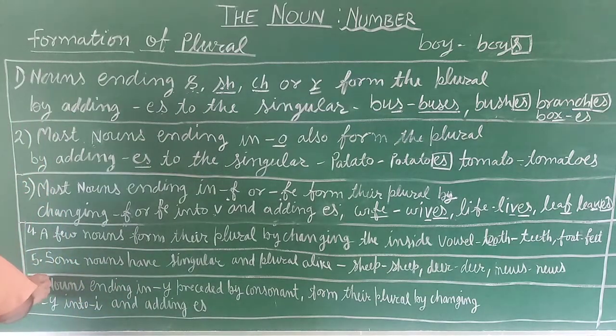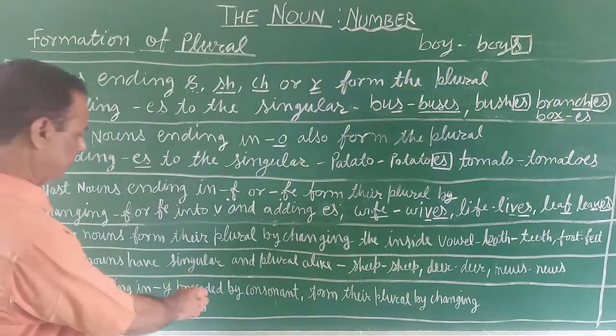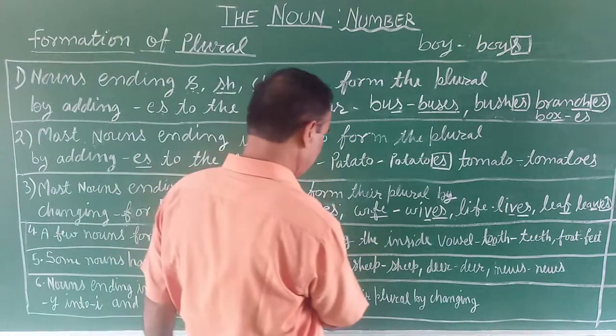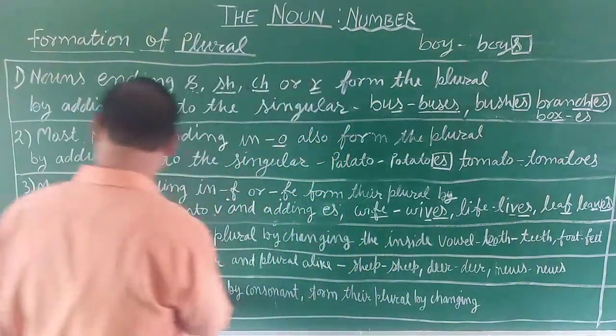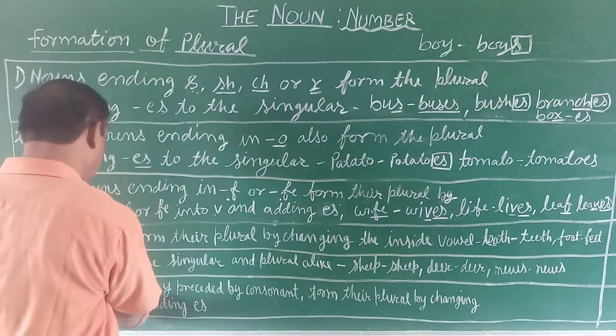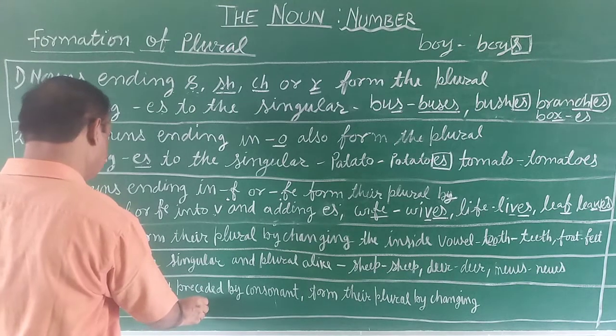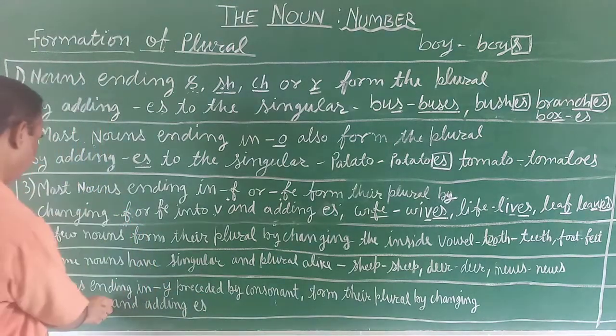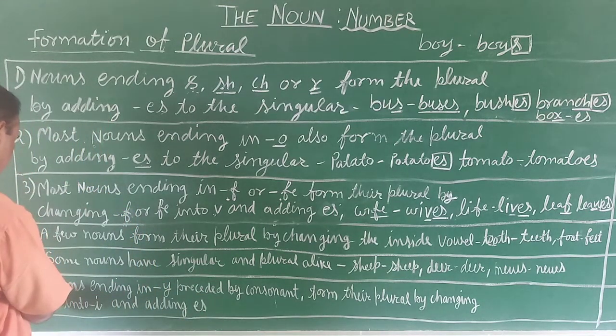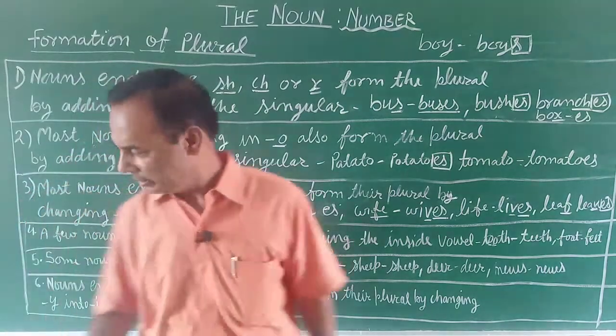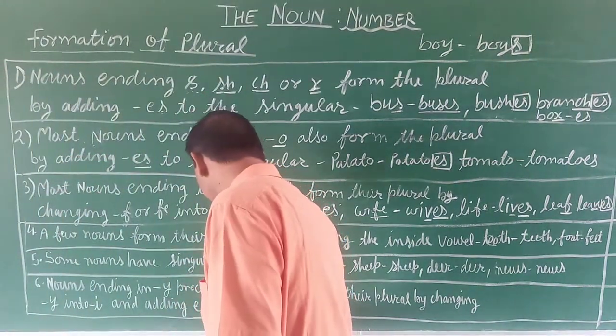Now, one more rule of this video: nouns ending in Y preceded by a consonant form their plural by changing Y into I and adding ES. So Y is changed into I if the last alphabet is Y, as lady.